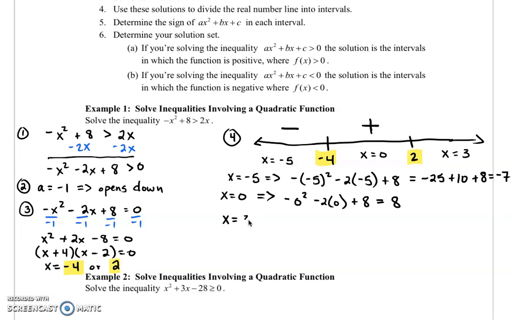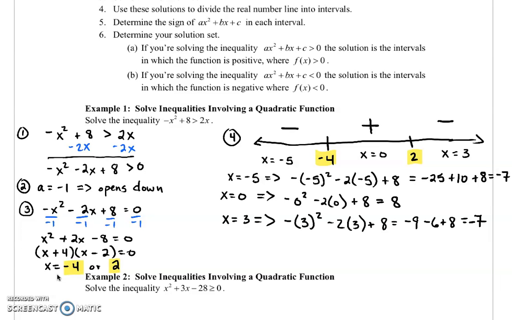And let's pick x equals 3. If we plug that in, we have negative 3 squared minus 2 times 3 plus 8, which is negative 9 minus 6 plus 8, which is negative 7. So it's negative in the rightmost interval.